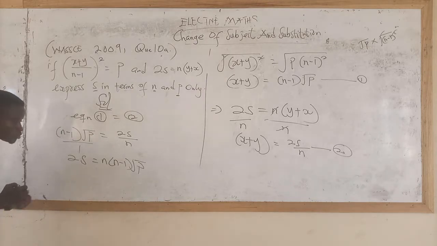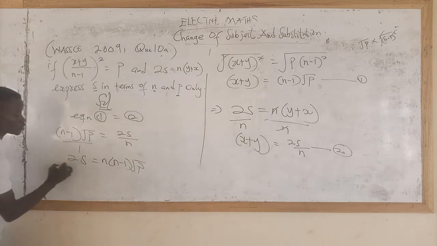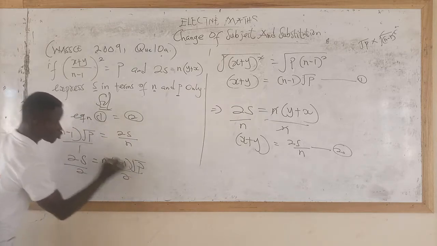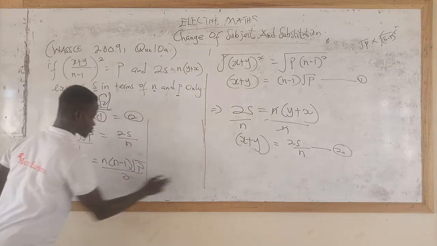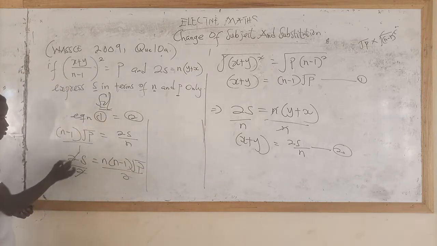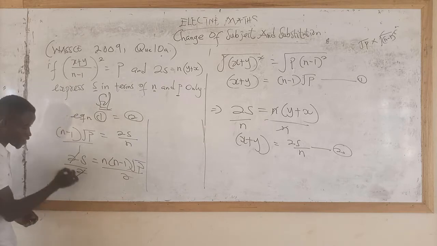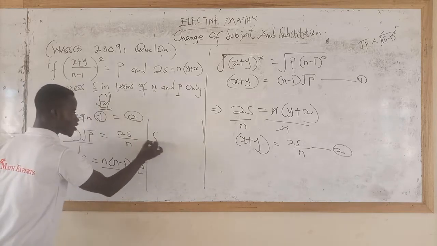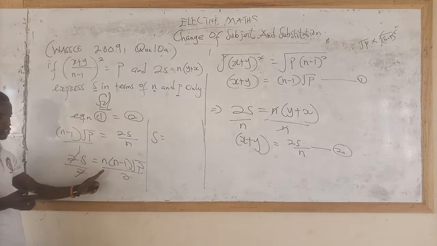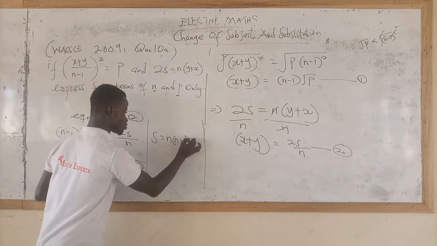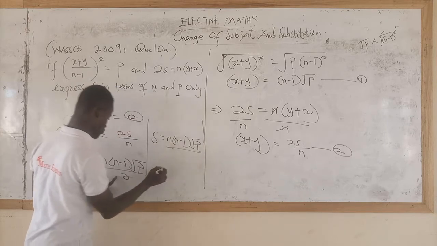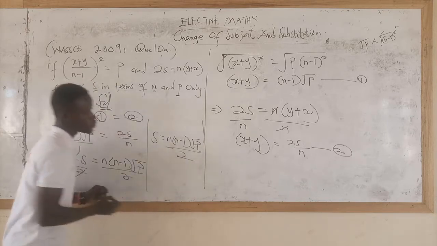To get s to stand alone, what do you do? Divide both sides by 2. And what are you going to get? Now your s is going to be n minus 1 square root of p all over 2.